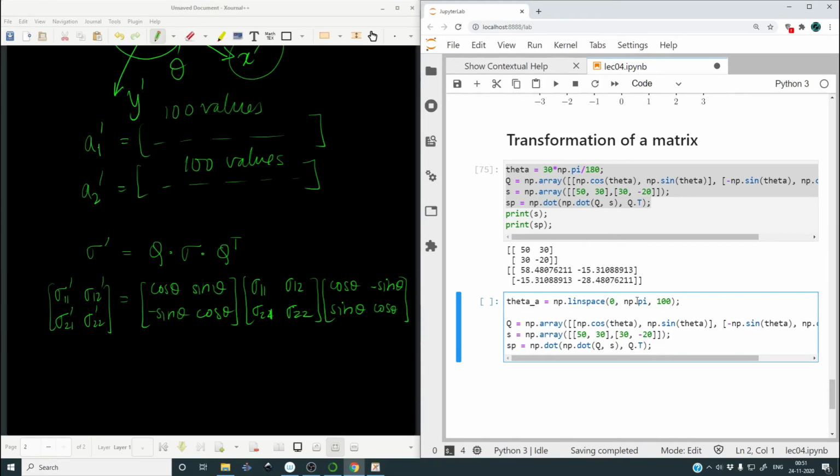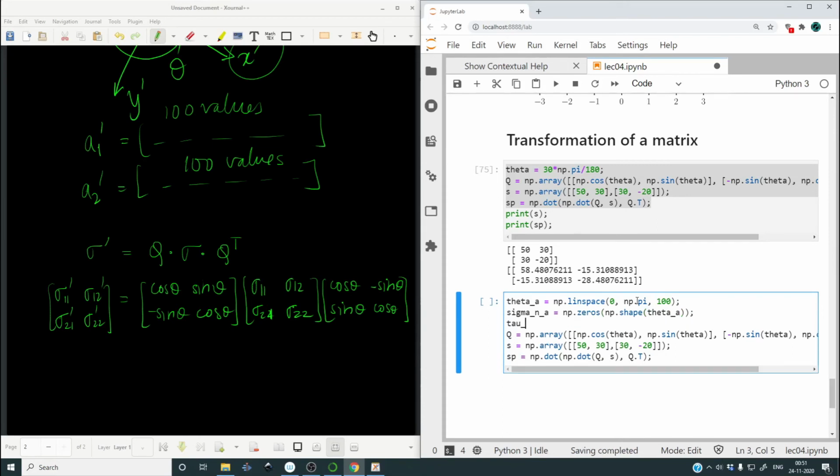So let us define sigma n array is equal to np dot zeros, np dot shape of theta a, and let us define tau n a equal to np dot zeros, np dot shape theta a.